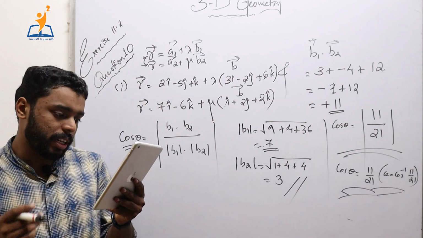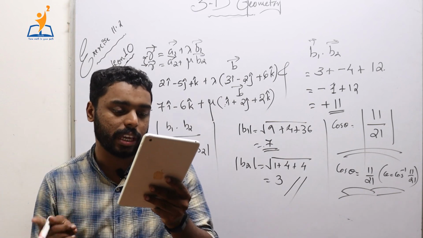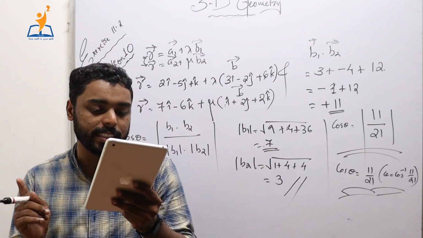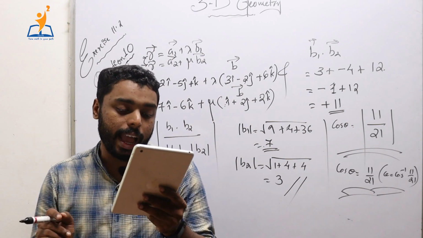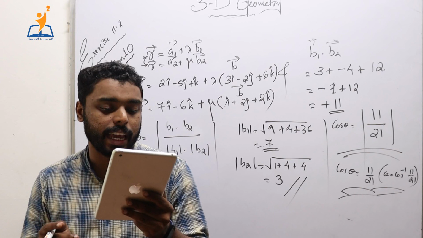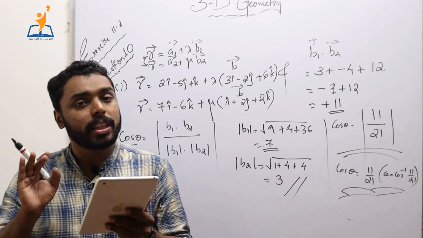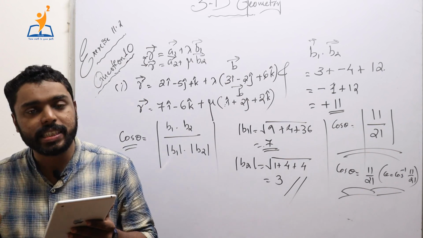Similarly, you are given a second pair of lines, which is r is equal to 3i cap plus j cap minus 2k cap plus lambda into i cap minus j cap minus 2k cap, and r is equal to 2i cap minus j cap minus 56k cap plus mu into 3i cap minus 5j cap minus 4k cap. This is also a very simple question.